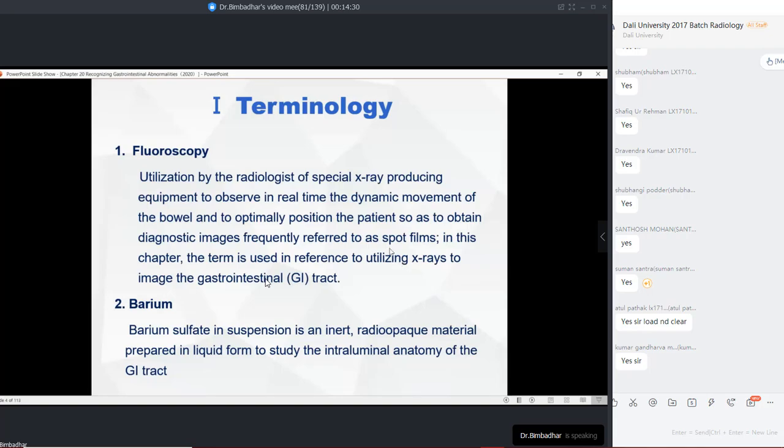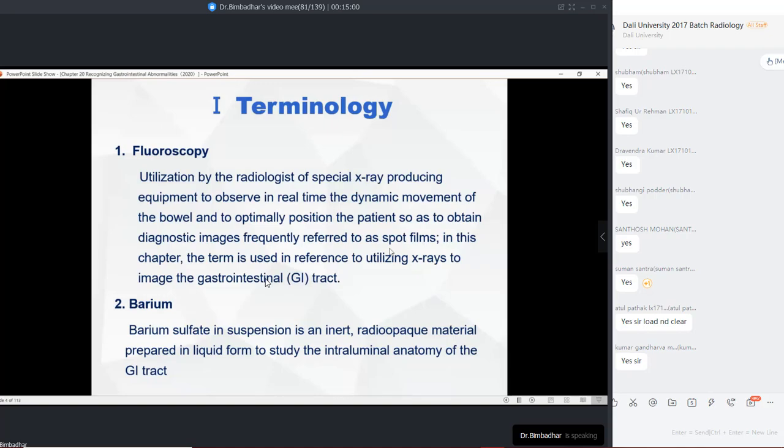Spot films look the same as an X-ray, but they are taken as a series. Same as in a CT scan, where a single patient will have multiple slices, something like 300 to 400 slices, but here in fluoroscopy we will have something like 10 to 15 images, which are taken within limited time intervals in between.